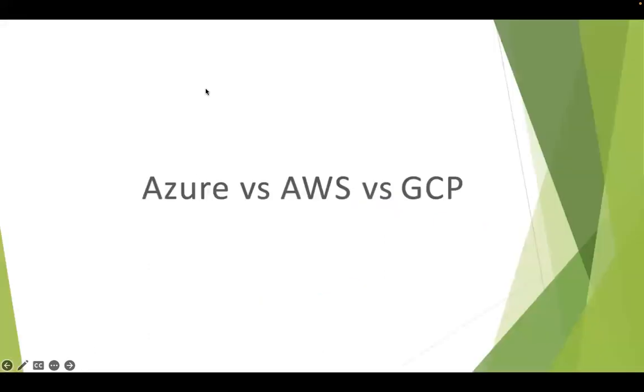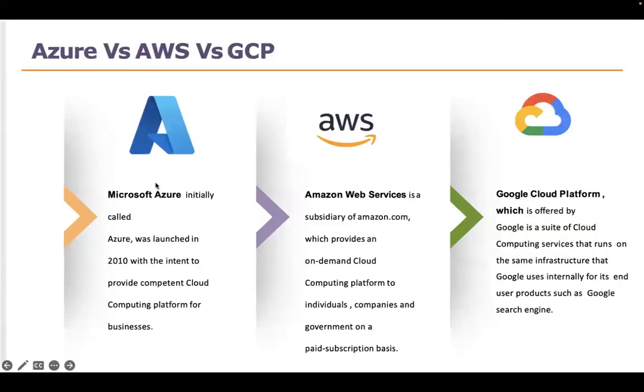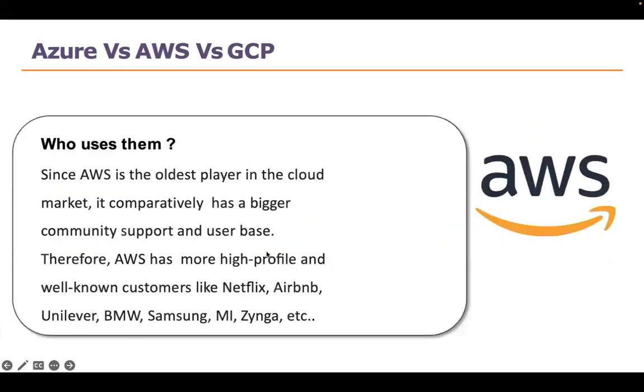So folks, a little bit of understanding: which types of companies are using Azure, AWS and Google? Obviously everyone has some good clients. You can see Netflix, Samsung, BMW, right? Multiple companies are using AWS. Same thing with Azure as well as Google.